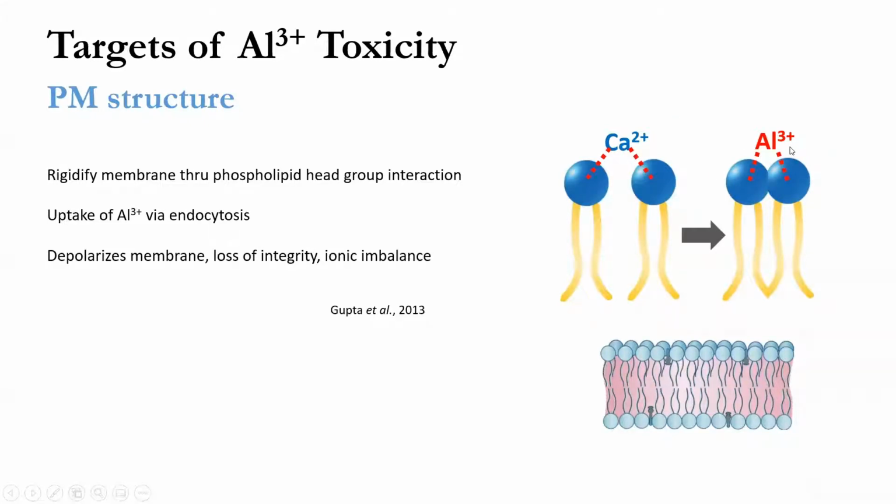As a result, there will be a stronger interaction between the lipid head groups, leading to membrane rigidification and loss of integrity. The binding of aluminum also contributes to endocytosis of this toxic ion into the cytosol. At the same time, the binding depolarizes the membrane, which hinders enzyme functions.